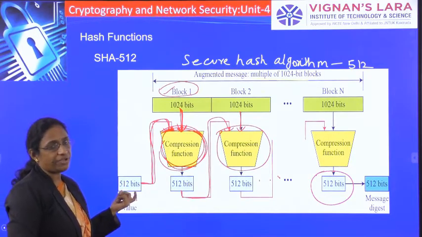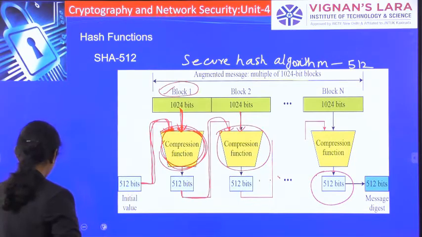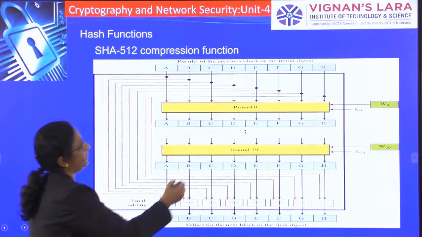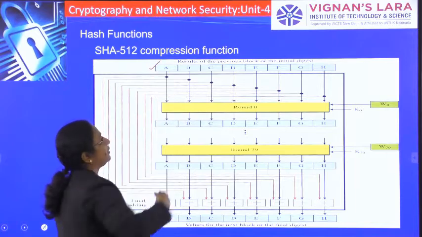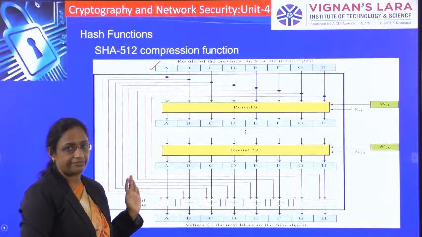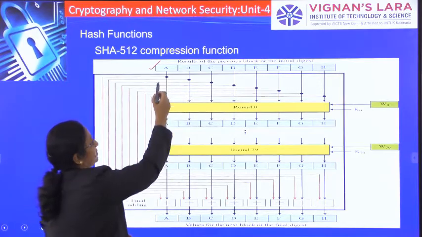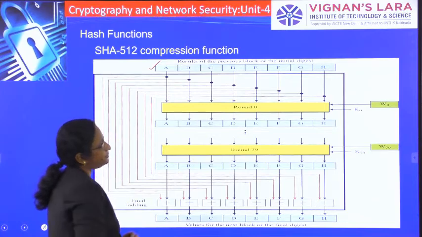These 512 bits are stored in the 8 registers called A, B, C, D, E, F, G, H. Whatever initial 512 bits you have are stored in these register values.